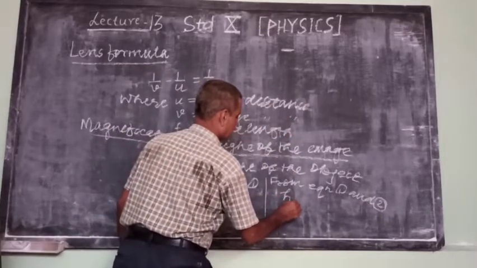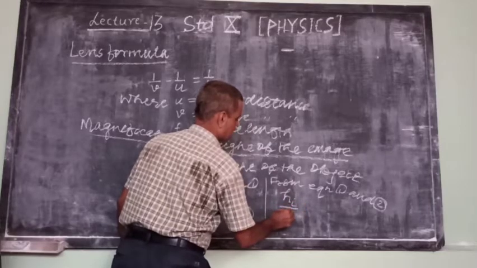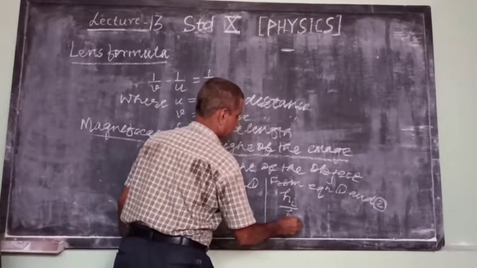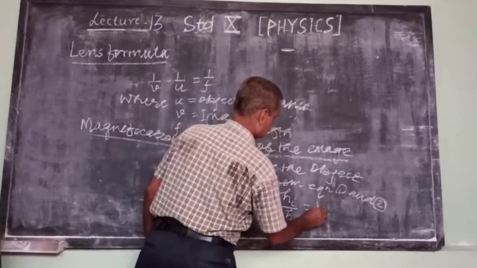Hi, height of the image by height of the object, is equal to v by u.